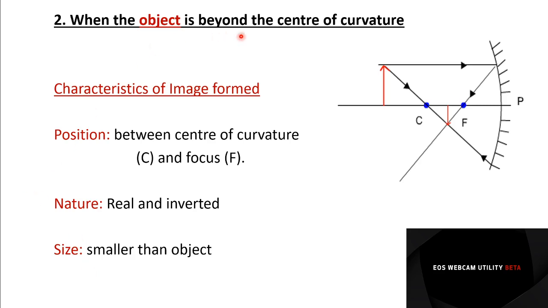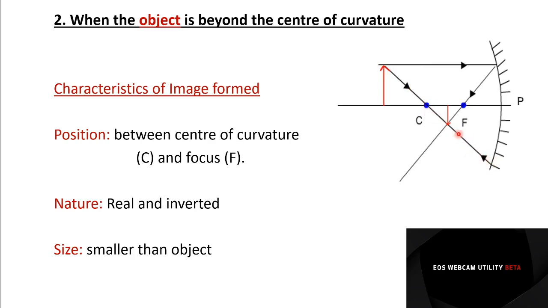Second position, when the object is beyond the center of curvature. What do we mean beyond center of curvature? It means here is center of curvature, here is the focus, right? To the left of the center of curvature, we say it is beyond the center of curvature. So here is an object. Okay, so here it's possible to take a ray through center of curvature. Please choose that. All right, so here we have a ray passing through center of curvature.